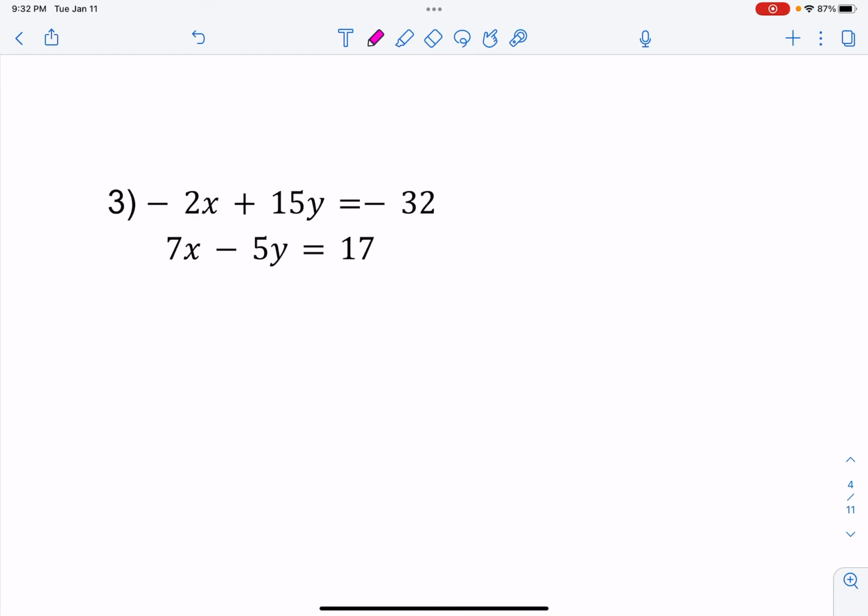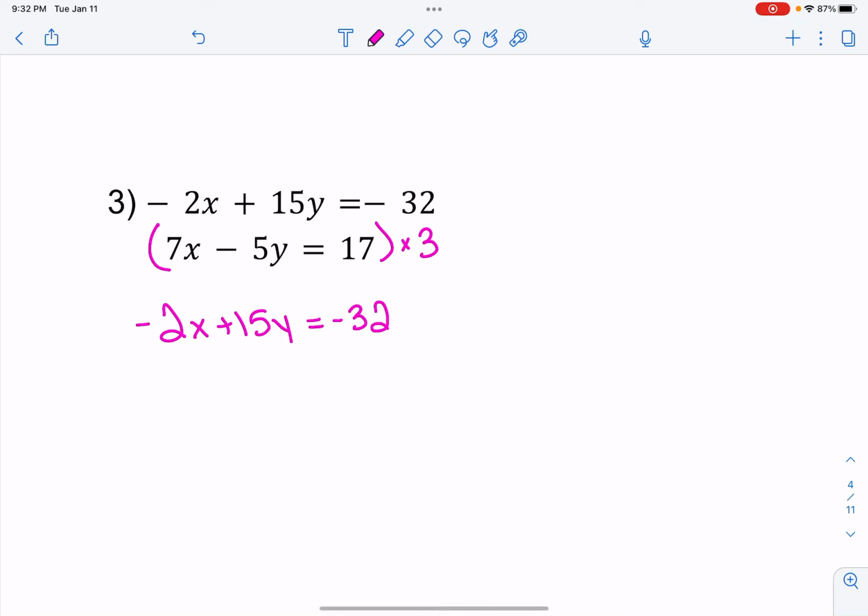We are going to turn that second equation into a negative 15y so that when we add those together, our y's drop out. The way that we do that is we multiply everything in that second equation by 3. Okay, so I'm going to rewrite our top equation.